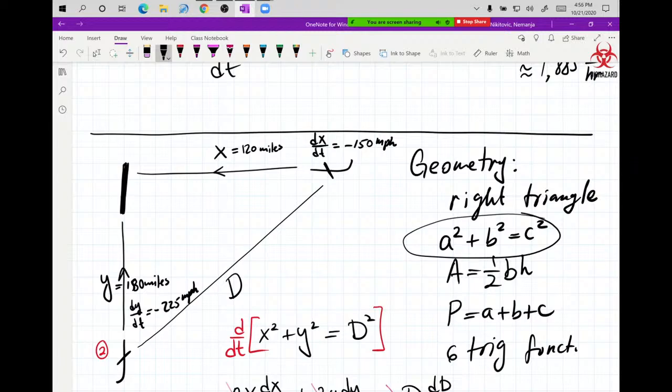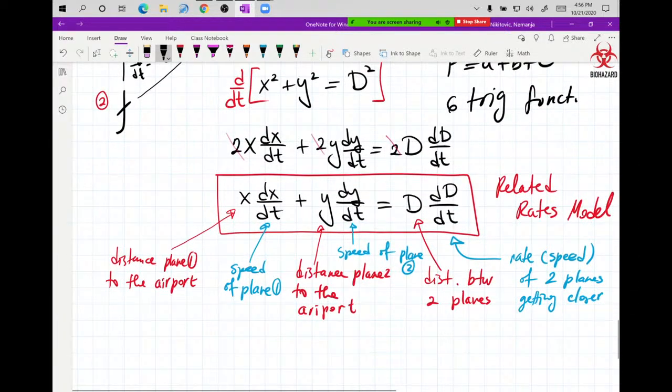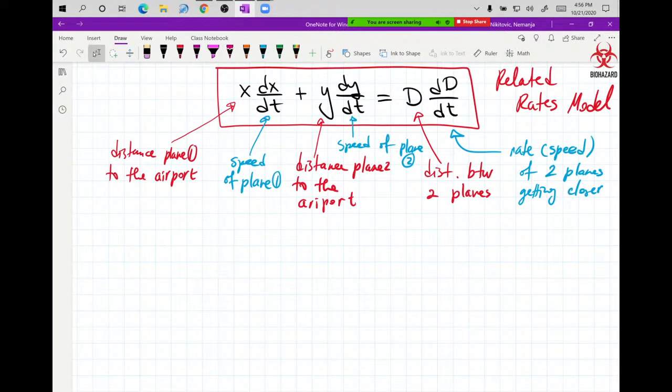So now, when I have all of these numbers, all I need to do is plug them in. The problem is that I still have two variables. I have x, the distance, and the speed, and I have the distance and the speed for the other airplane. Those are either provided by pilots or located using radar, so we're all good there. The trick is that we are calculating the change in distance between the two planes.